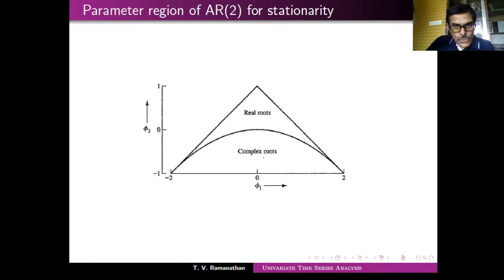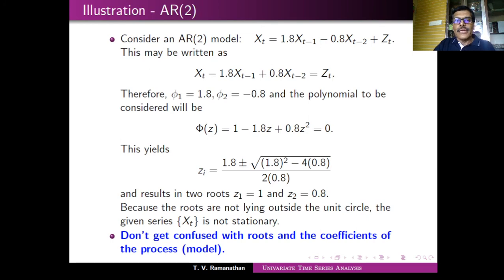So in such situations, we check the stationarity by considering the roots of the polynomial equation, and just see whether the roots are lying outside the unit circle or not. So I'll demonstrate with an example. In the case of AR2, if I have this series, this is an AR2 model. I wanted to know whether this is stationary or not.